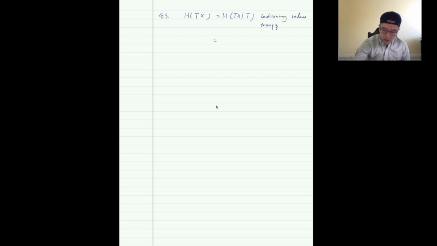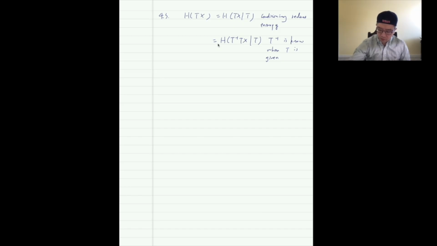The second step is as follows. So they argue that this equals, so we take an inverse operation of the shuffling, T inverse, on Tx given T. Okay, so the reason this is equal is that this operation, the T inverse, is known when T is given, right? And it's an inverse operation, right?